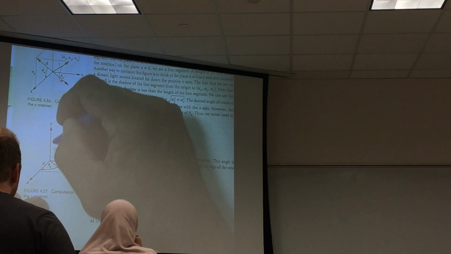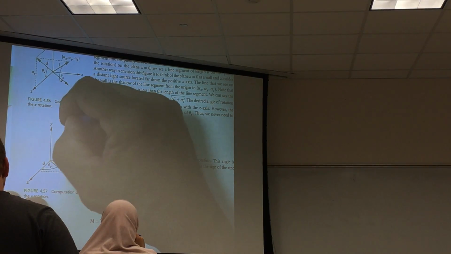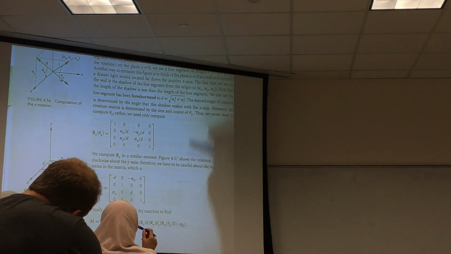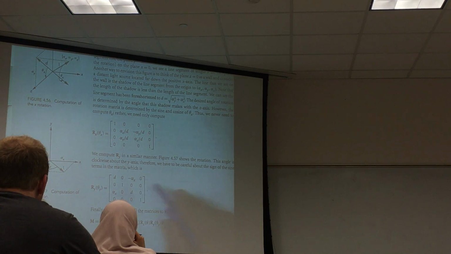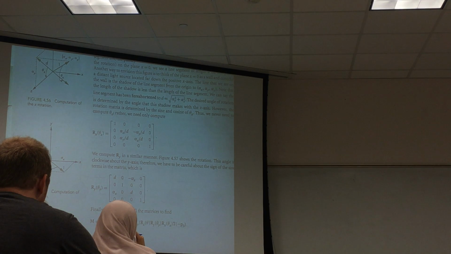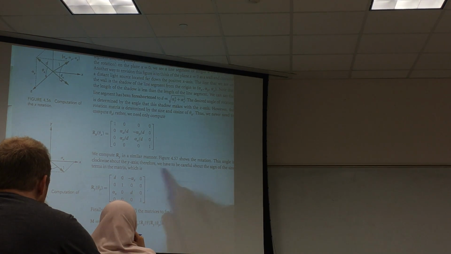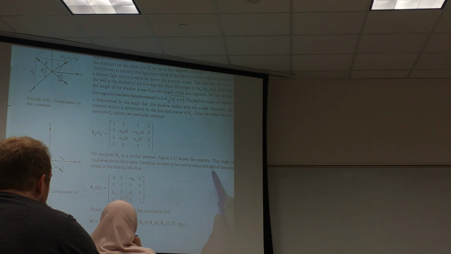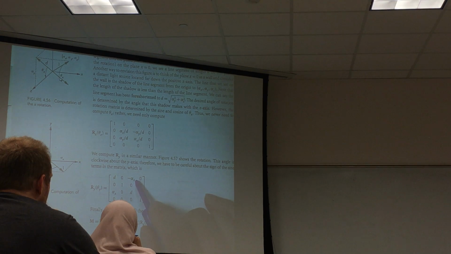So if we look at that one, going around this way, positive should be counterclockwise, it's going to be that way. But you notice we're going this way, so this should be the negative part. So the angle is clockwise about y, therefore we have to be careful about the sign of the terms.